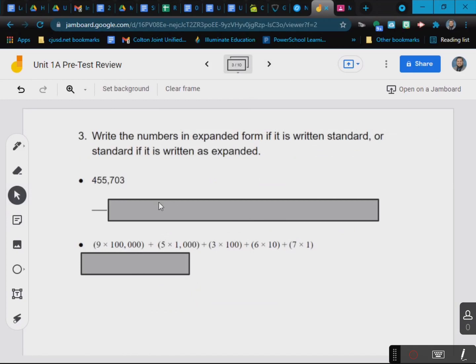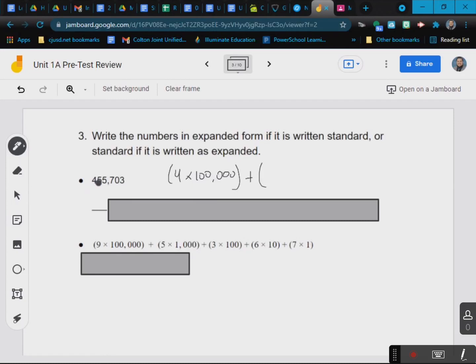So expanded form, you're taking each of the digits and you're, so like 3, and you're going to multiply it by its place value. That's what expanded form is. So 3 would be 3 times 1. But we like to start from left to right. So let's start with the 4. The 4 is going to be in the 100,000 place, so it's 4 times 100,000.